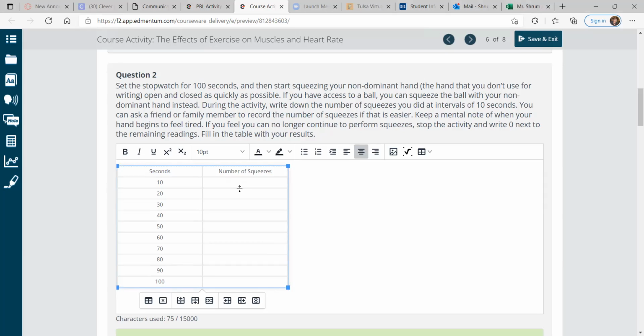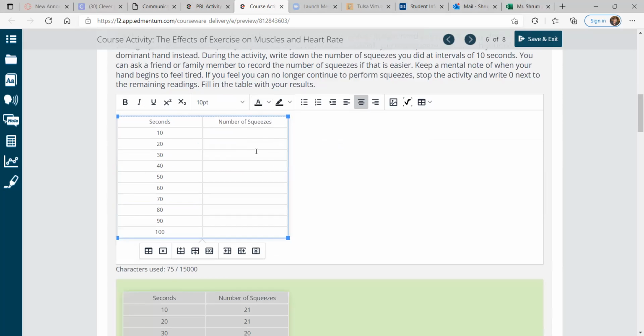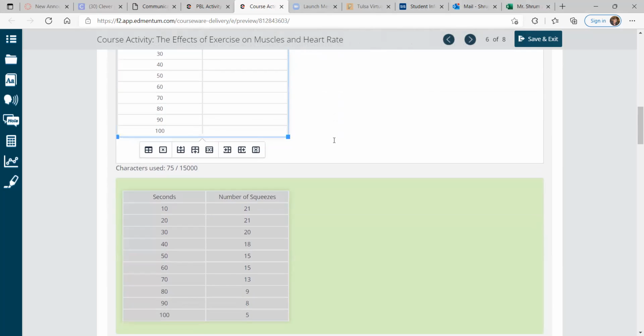And then restarting at the next 10-second interval. And you also want to keep a mental note of when your hand starts to feel tired. And if you feel like you can no longer continue, just stop the activity and then write 0 next to the remaining readings. You don't want to hurt yourself.